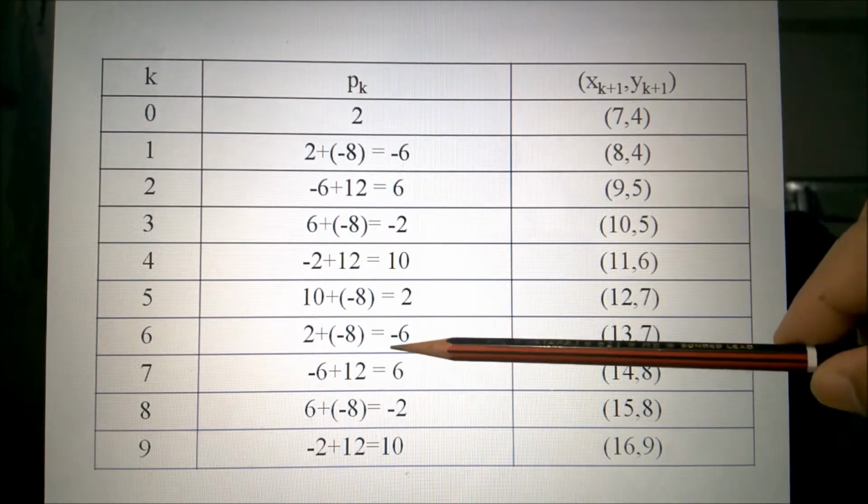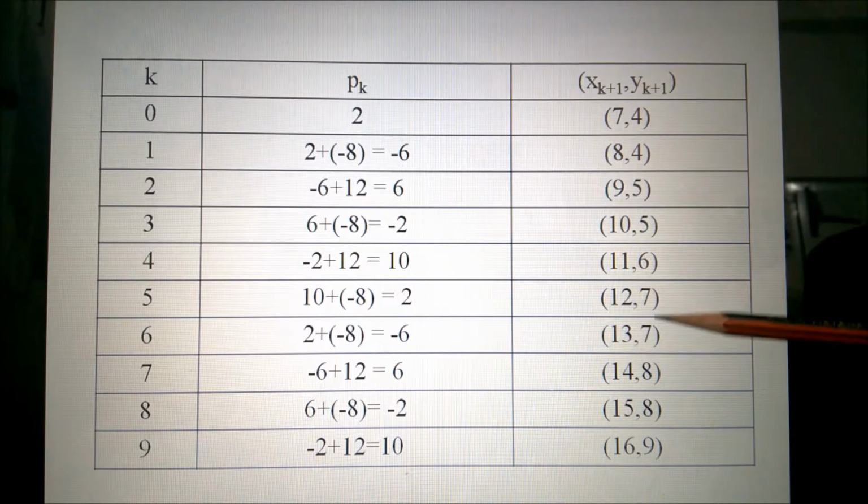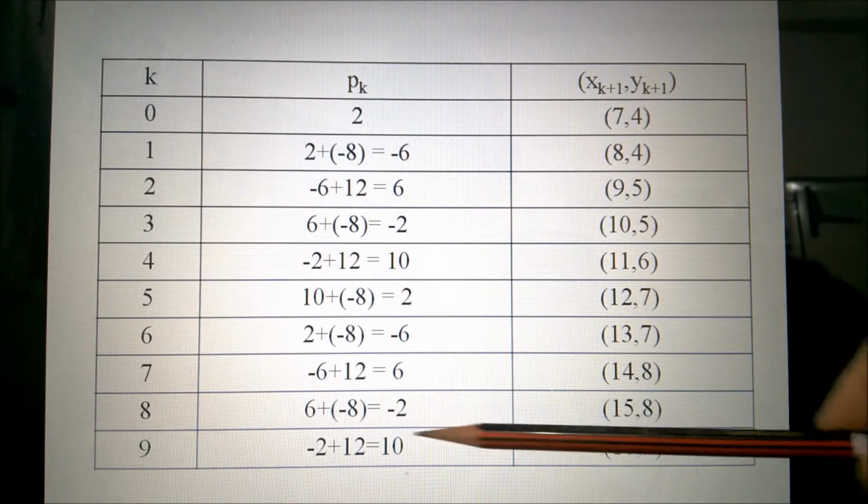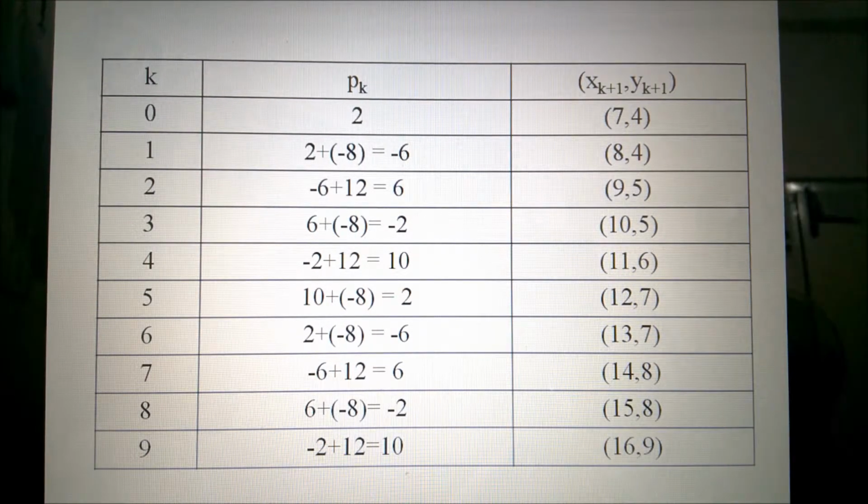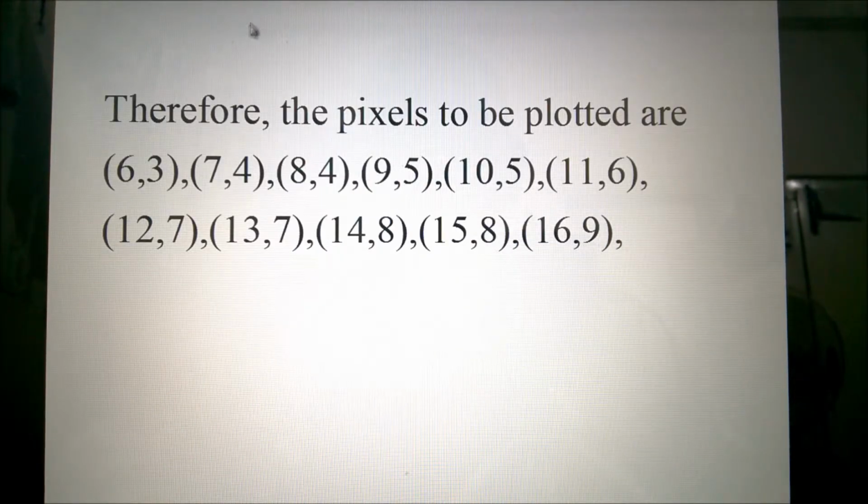Here also it is -6, y remains the same, and -2 again it remains the same. In this way we can find the coordinates of the pixels with the Bresenham line drawing algorithm, and after finding these points, if we plot them, we get a line according to the Bresenham algorithm.